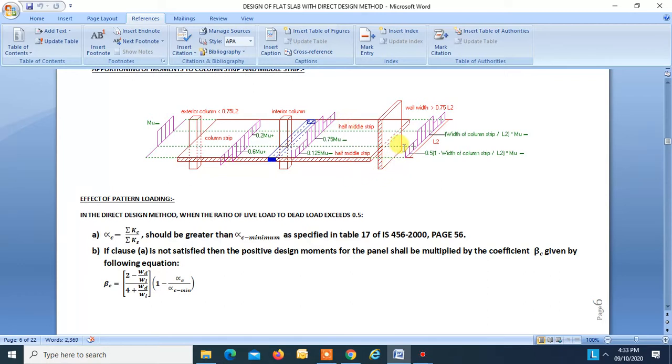Now, if the support is a wall or a rigid beam, when the width is greater than 0.75 L2, then the middle strip will also receive some negative moment.